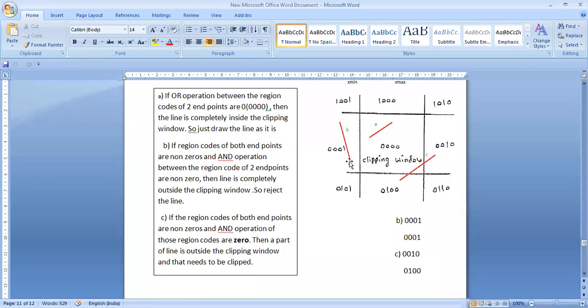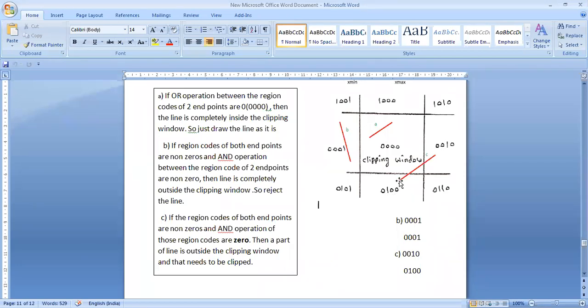Now come to the third case, where a part of the line is inside and a part of the line is outside. So now, the region code of this point is non-zero, it is 0, 0, 1, 0, and the region code of this point is 0, 1, 0, 0.